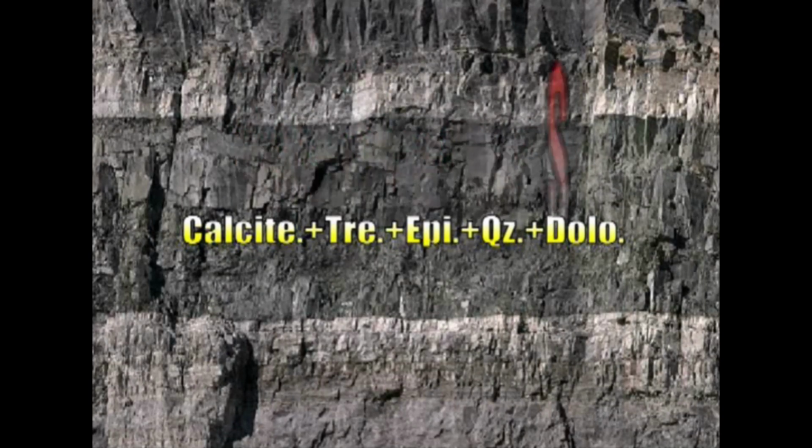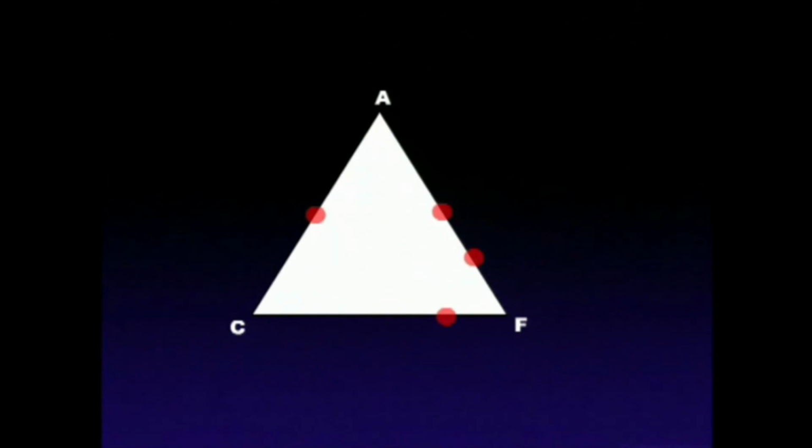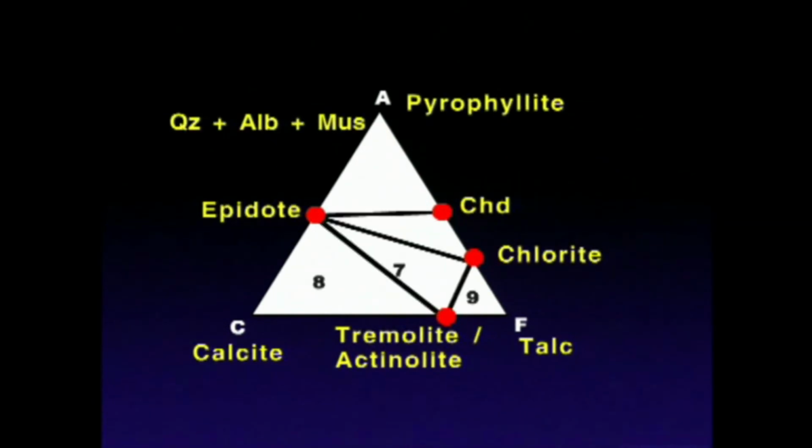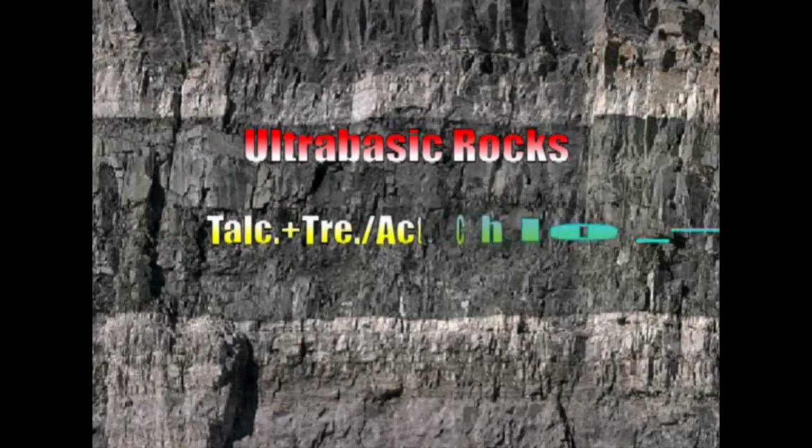Or second is calcite, tremolite, actinolite, plus or minus quartz. The ultrabasic assemblage, on the basis of ACF diagrams, is tremolite, actinolite, chlorite, plus talc, plus or minus quartz.